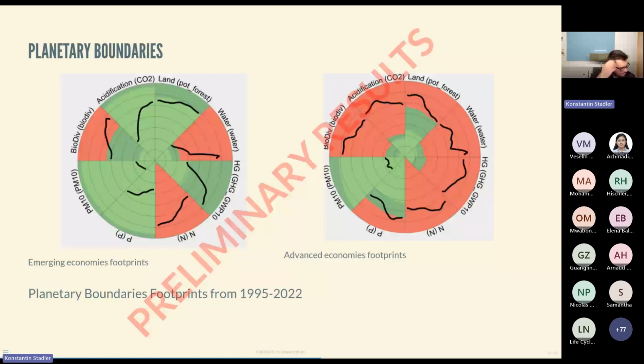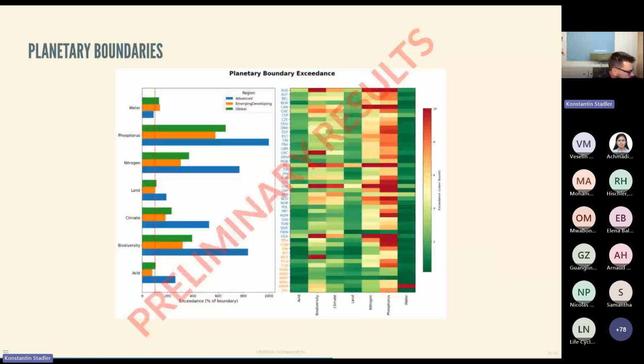We can then dig a little bit deeper. And here we have again the advanced and emerging developing countries, and the global average in green, the emerging countries in orange, and the advanced economies in blue. And to which degree they exceed the planetary boundary in the last year.